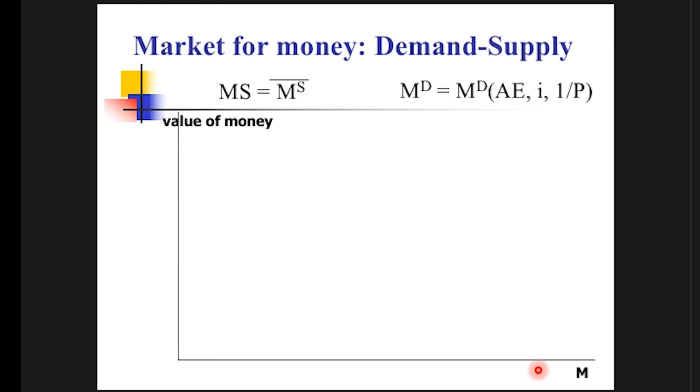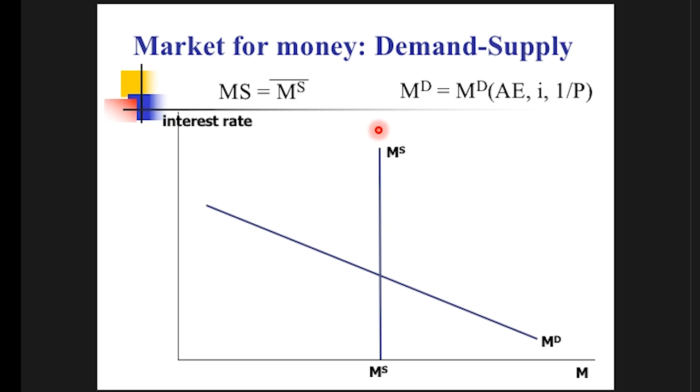In the first diagram, money supply always depends on monetary policy, so it is always vertical. And money demand has a negative relation with interest rate. If interest rate is higher, money demand is lower, and if interest rate is lower, money demand is higher. The interaction between money supply and money demand gives you the equilibrium in the economy, and it will determine the interest rate in the economy.